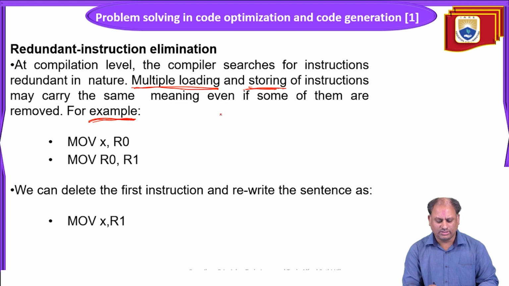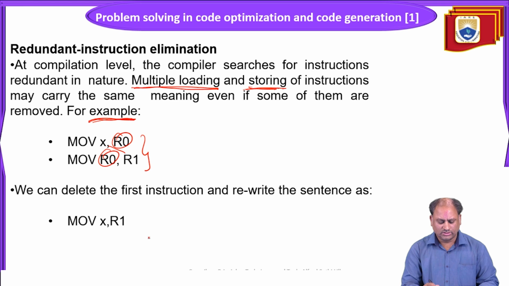That means move x comma r0, then r0 comma r1. Instead of moving the contents through r0, we can directly write x to r1 and rewrite the instruction.